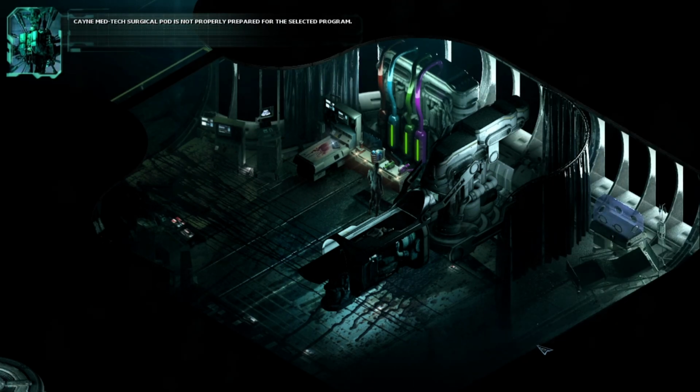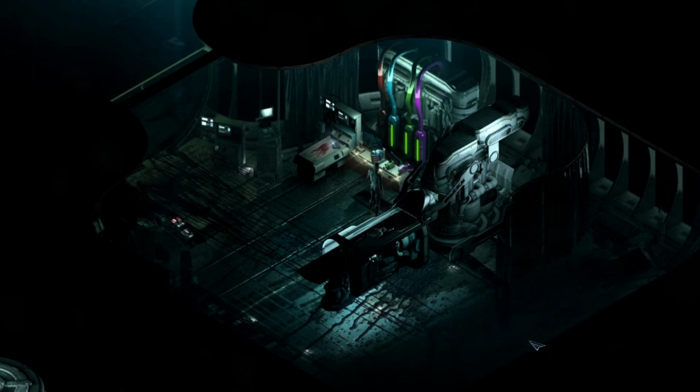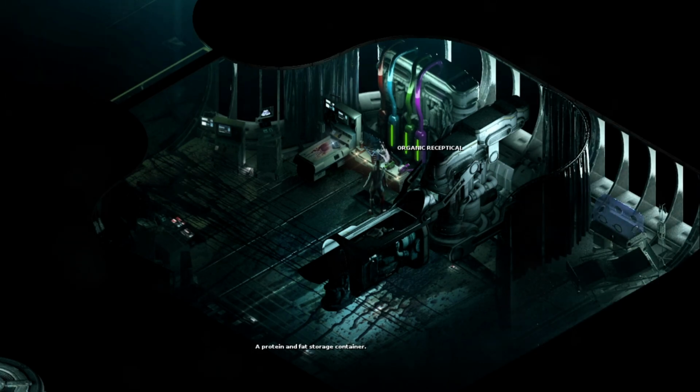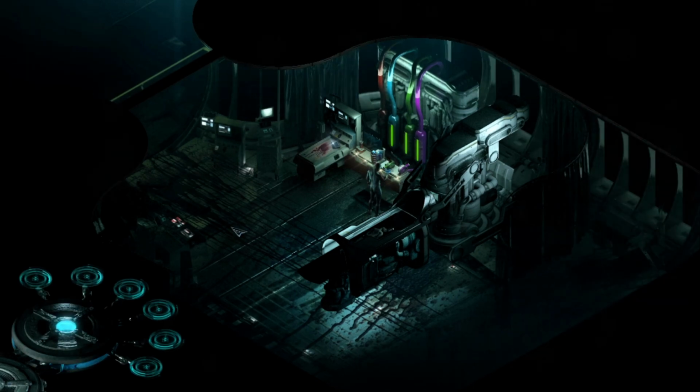Is not properly prepared for the selected program. Okay. Do we still need to worry about this? A protein and fat storage container. I mean, we have a whole dude's dead body, but I don't know.